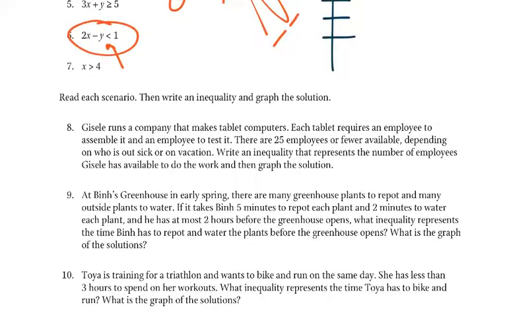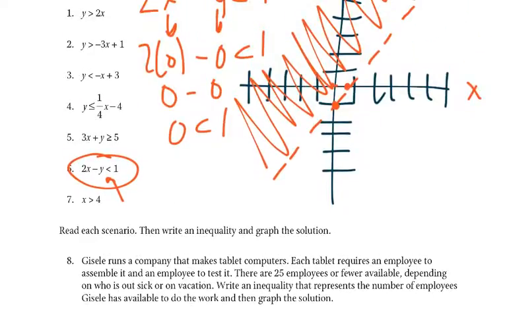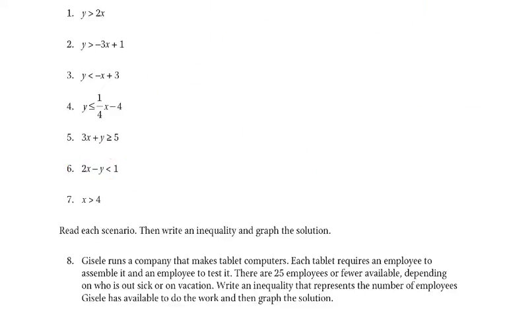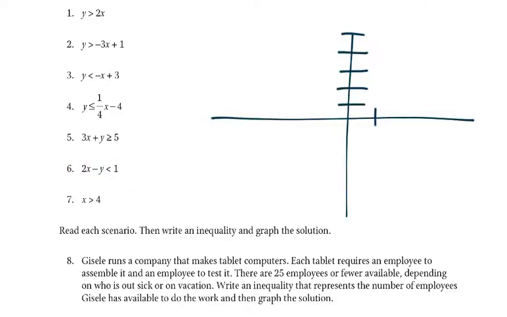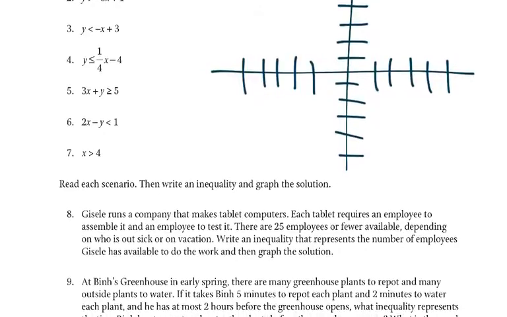So, number 8. So let's keep this space up here so we can draw our inequalities. Okay, so Giselle runs a company that makes tablet computers.